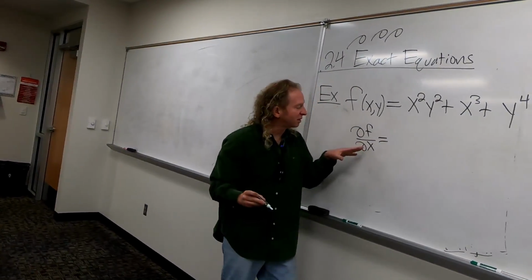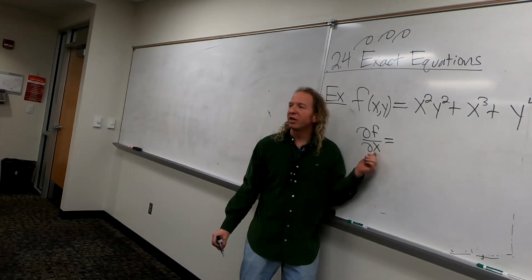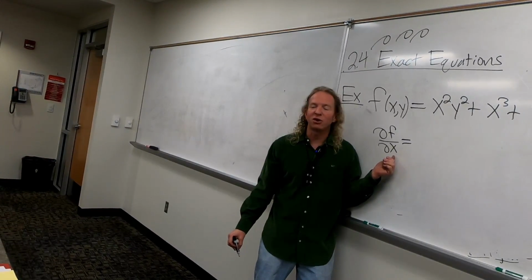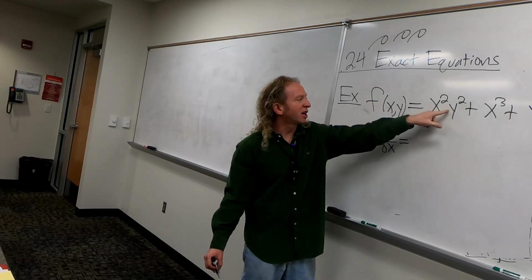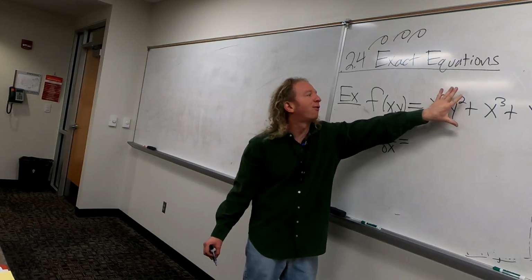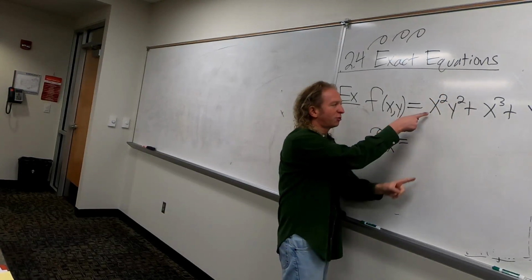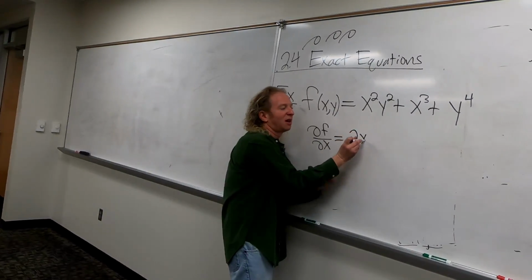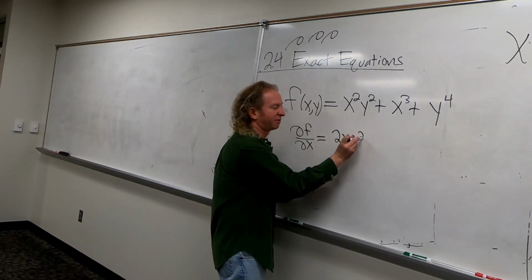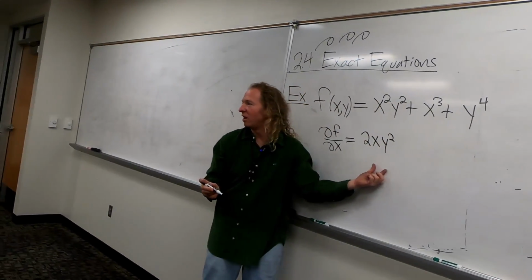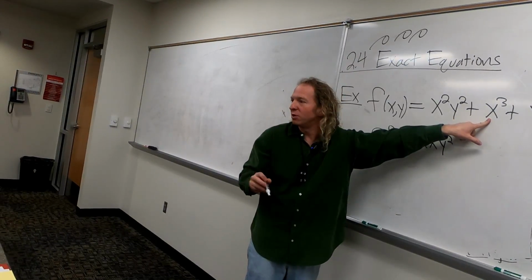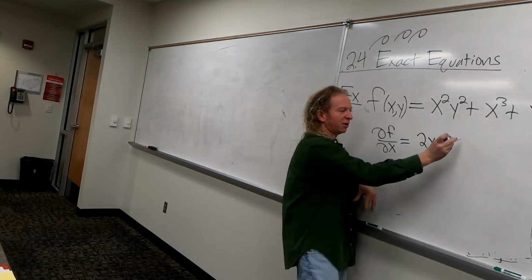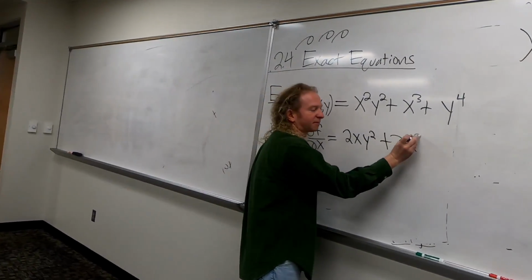It's really easy. When you do this, you pretend all of your y values are constants. So y squared is like a number, like 4, so it just hangs out. You just take the derivative with respect to x: 2x, and the number hangs out. This is just x cubed, a regular derivative, so 3x squared.